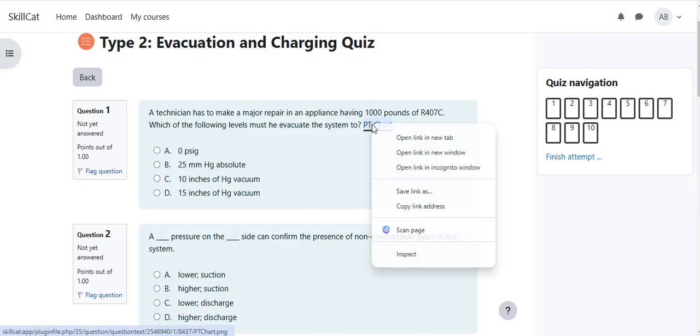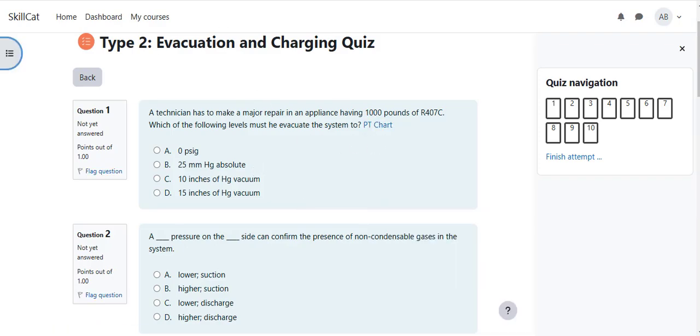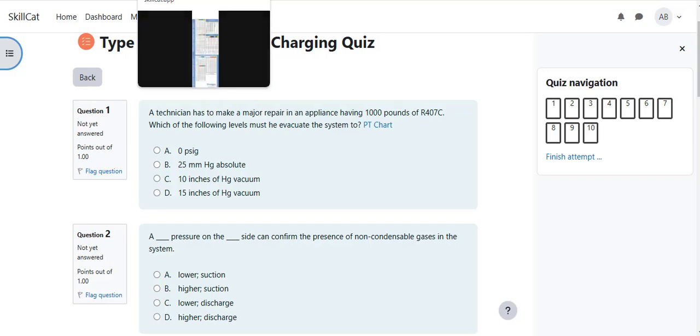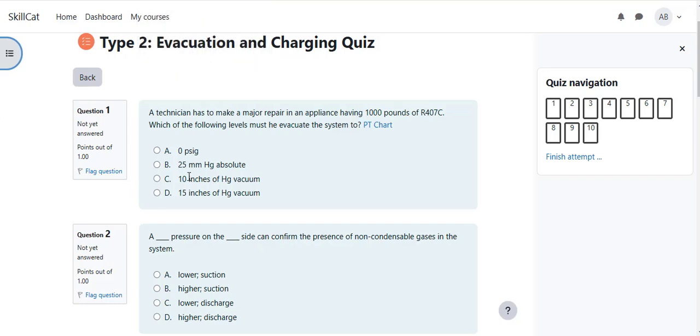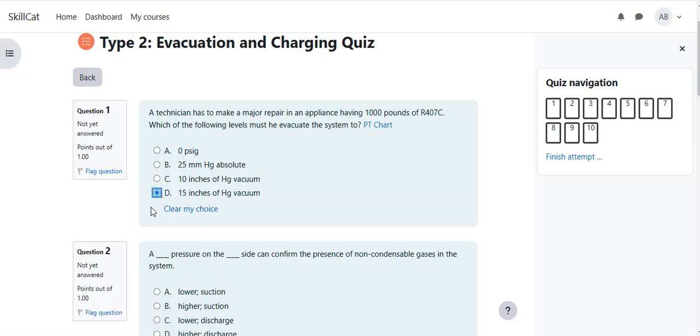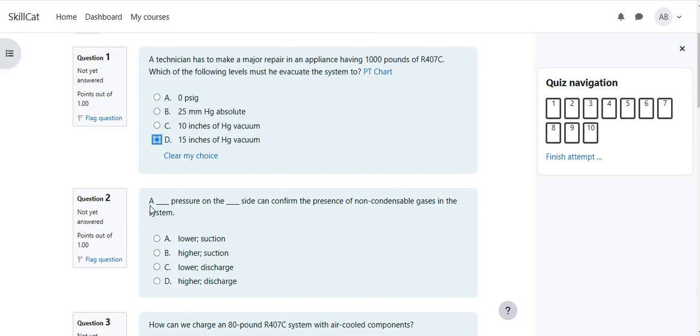Sorry, you can open it in the tape. But I think this is 15 inch or something. I'm not sure of this one.